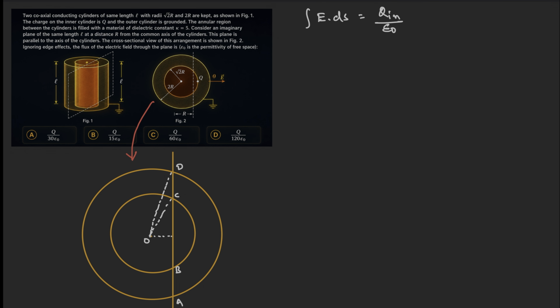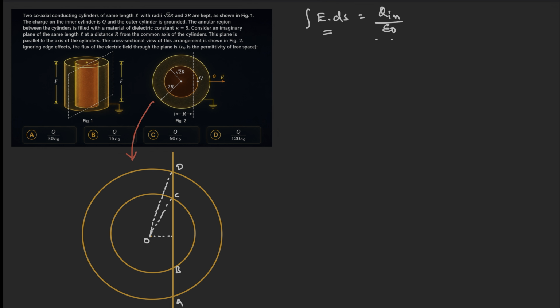So essentially what we want to do is take a Gaussian surface which encompasses this entire vertical plane and then see what is the charge enclosed by this system within that. Or we could do the integration route, which is going to be complicated. So if we were to take a Gaussian surface, then we can calculate the electric field much faster. However, we need to be very careful about how to take that Gaussian surface.